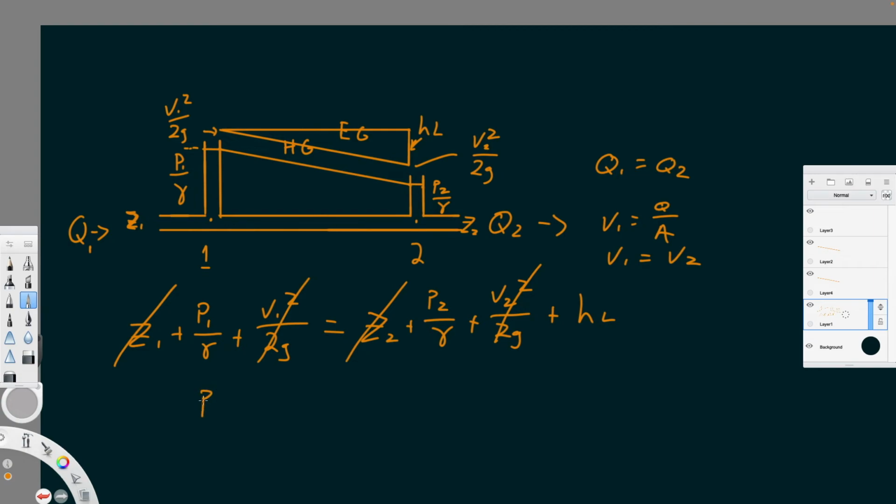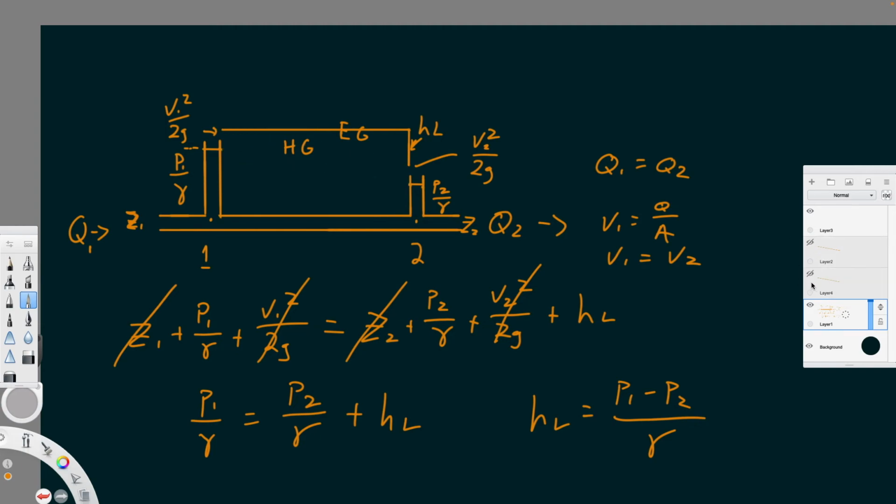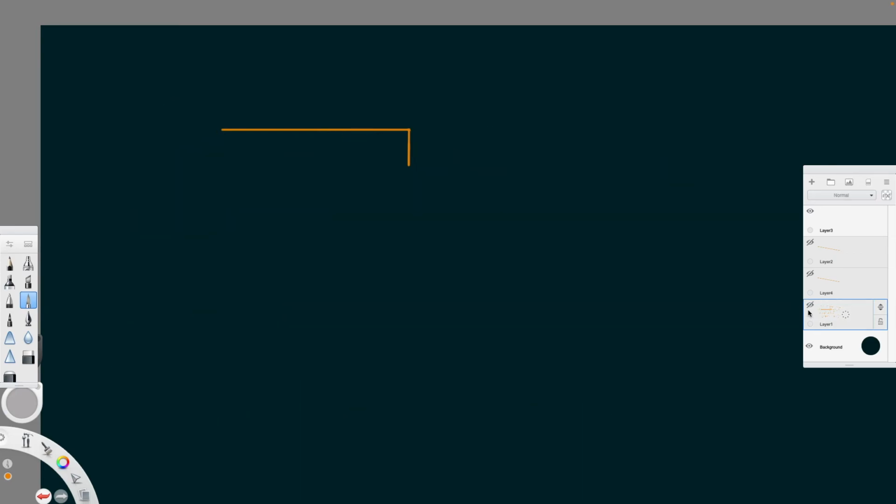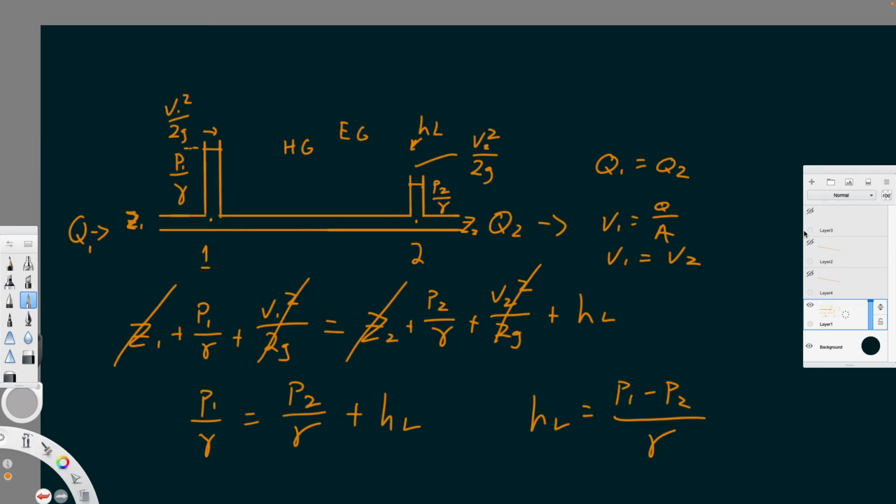So essentially what we are left with is that P1 over the specific weight of the fluid is equal to P2 over gamma plus head loss. Or we can say that head loss is equal to P1 minus P2 over gamma. So in this case, let's do it like this.